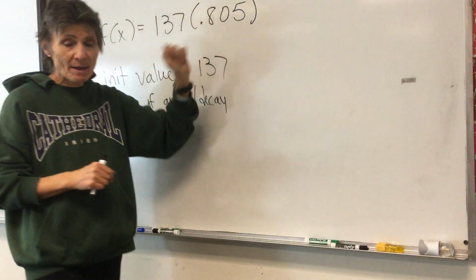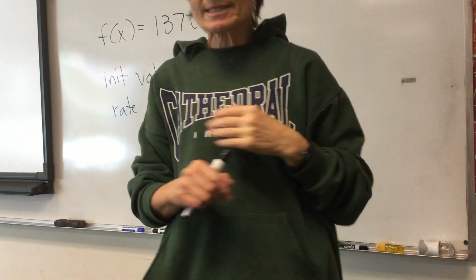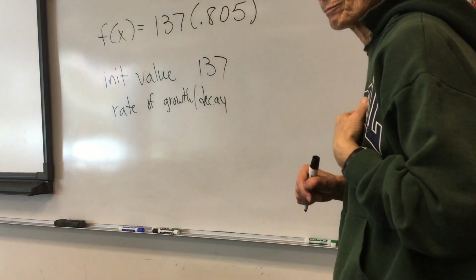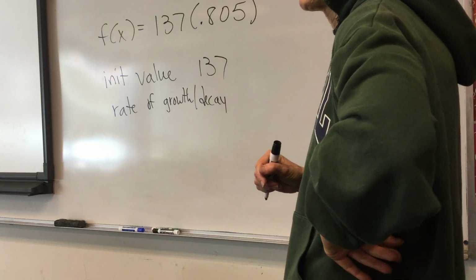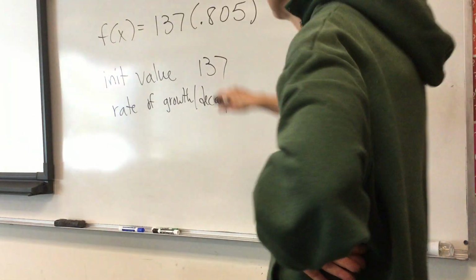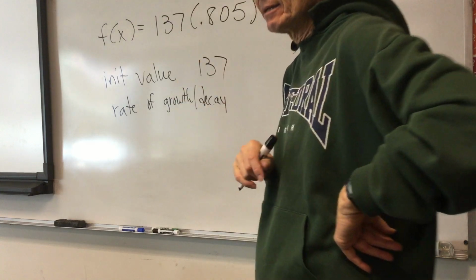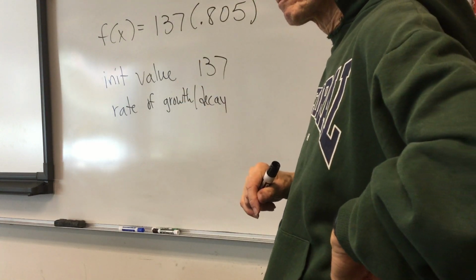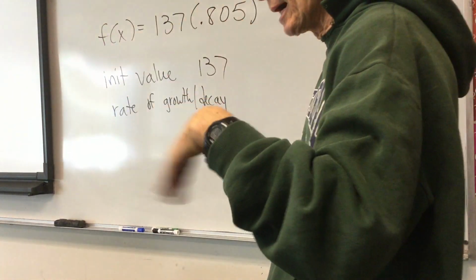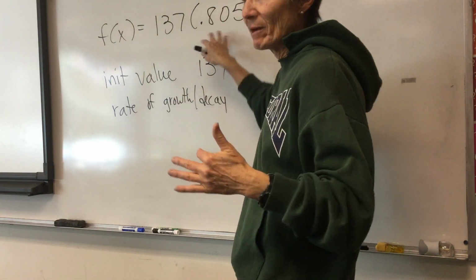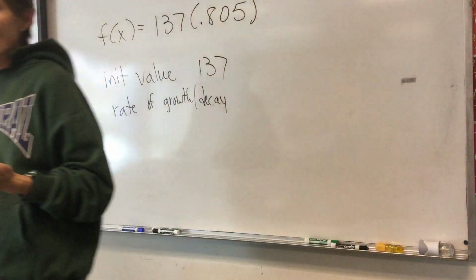Now, take a look at that base, that B value. Is this growth or decay? Decay. Definitely, because that number is less than 1. So when you keep multiplying, basically you're taking 80.5% of what you had before.